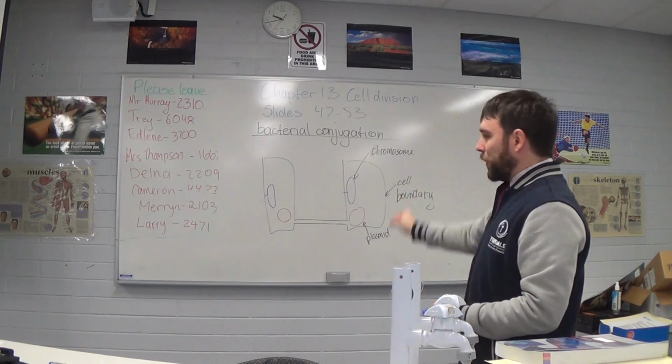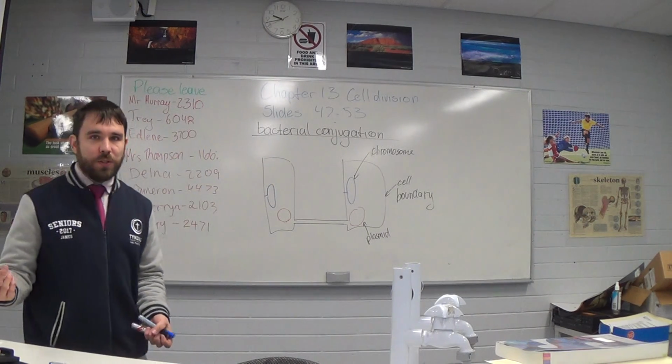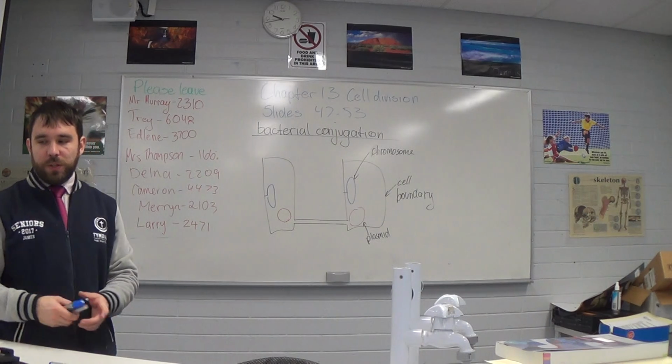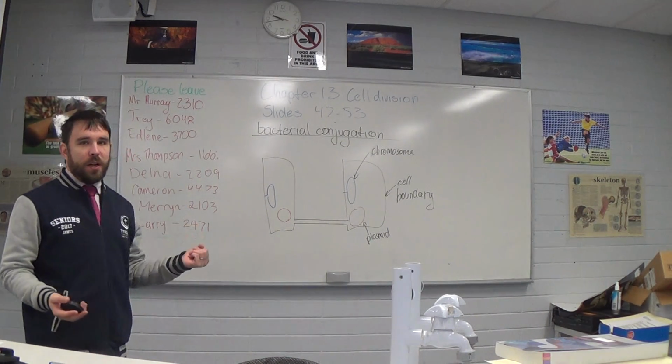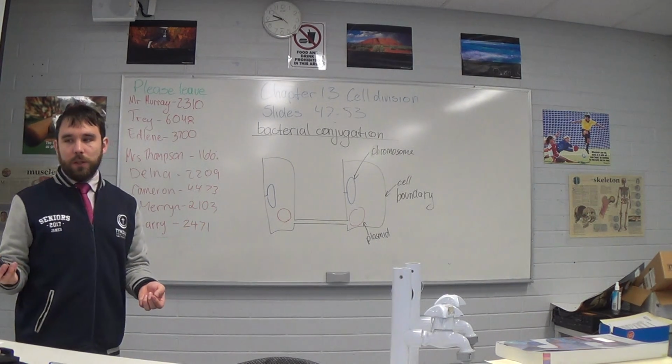This means that if that plasmid carries the gene for, say, antibiotic resistance, then both of those bacterial cells are now going to be resistant to that particular antibiotic. So it's a way of increasing that genetic variation, getting over that issue of asexual reproduction producing only clones.